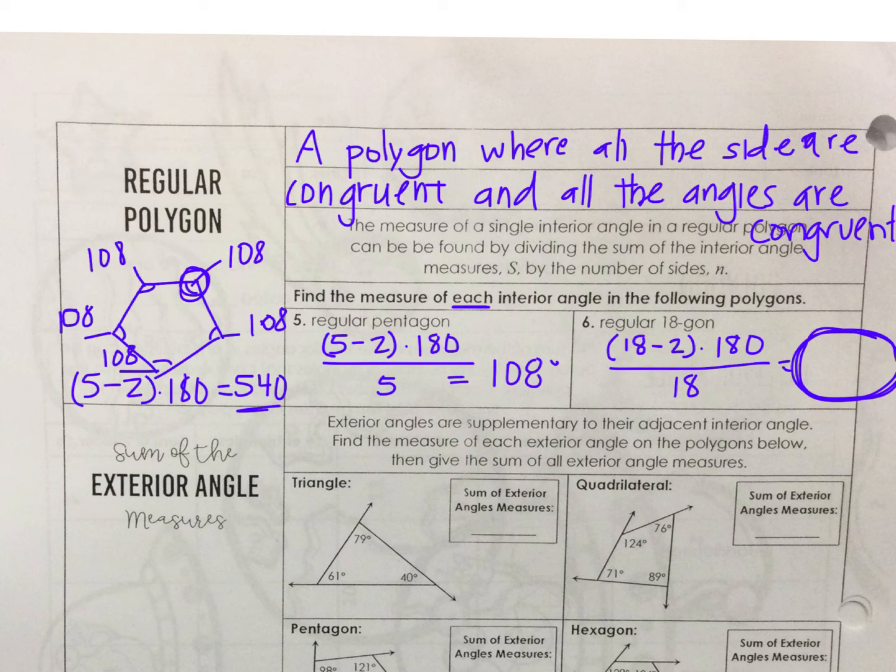All right, now we're going to talk about exterior angles. So, interior angles are these angles right here that are inside my triangle. Exterior angles are these angles that they've made outside my triangle.